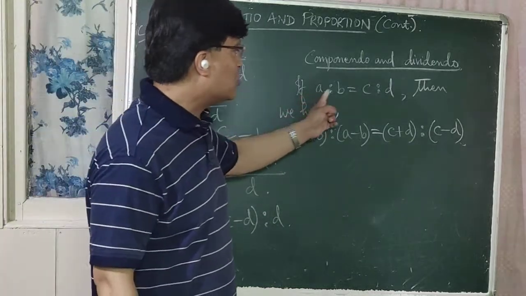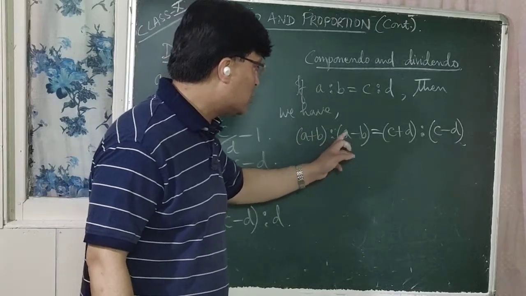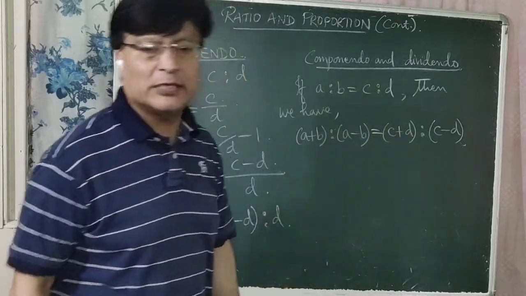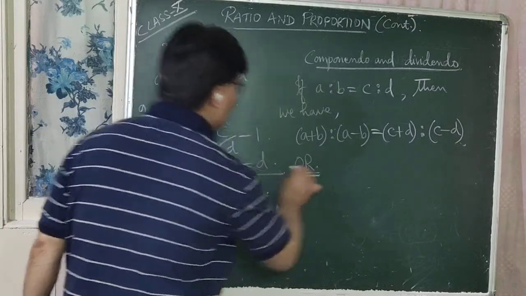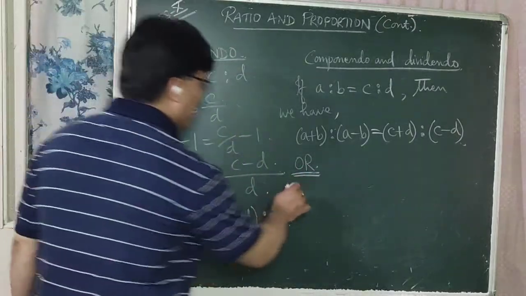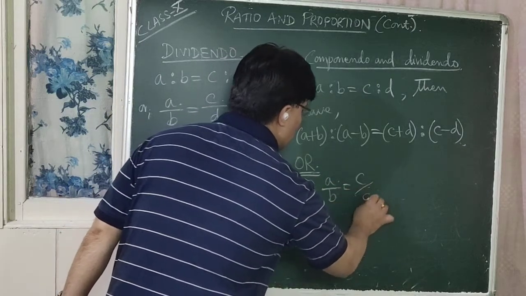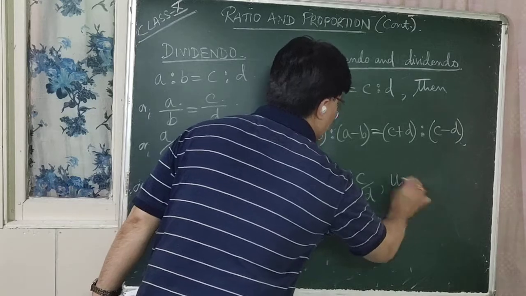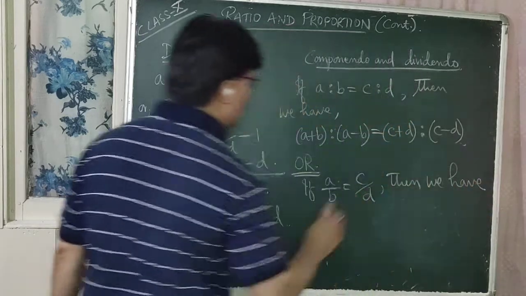If we have A is to B is equal to C is to D, then we have A plus B is to A minus B is equal to C plus D is to C minus D. Or you can write this way also. If A upon B is equal to C upon D, then by componendo and dividendo, what can we write?